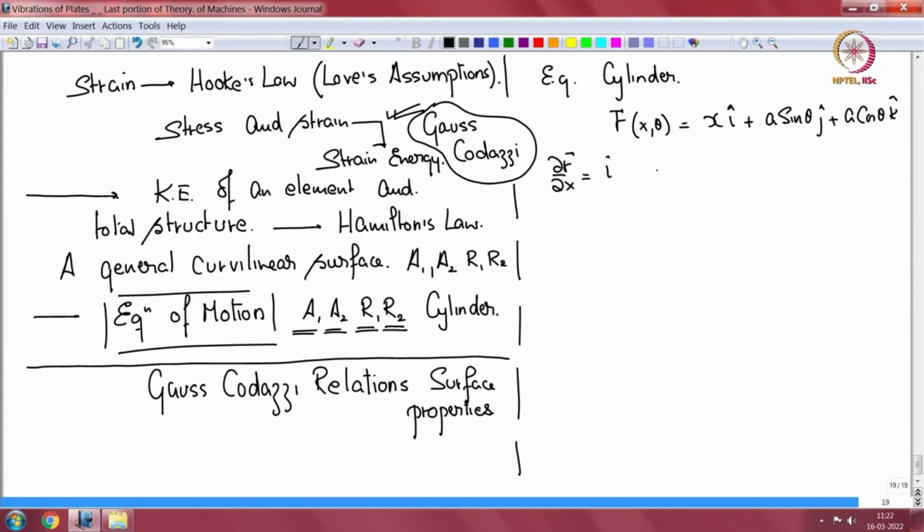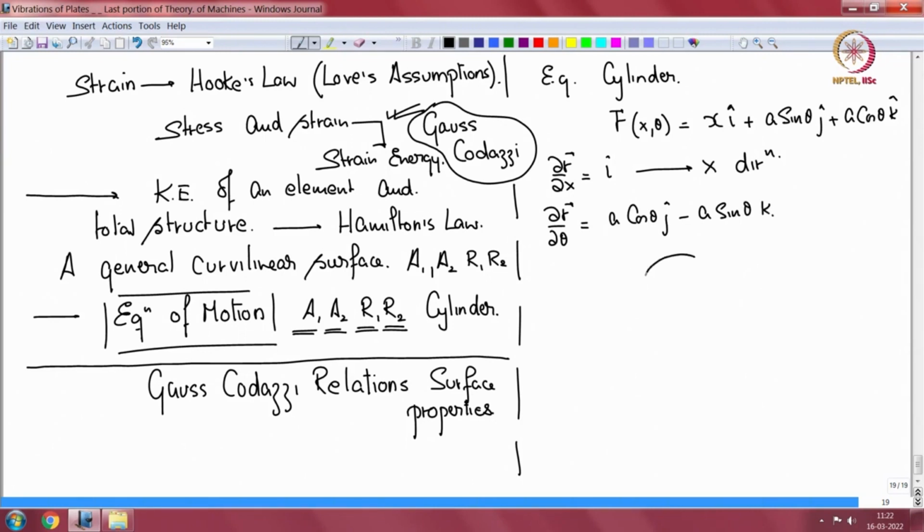So del r del x is in the x direction, that's important, that's what I want to point out, okay, and del r by del theta is equal to a cos theta j minus a sin theta k.